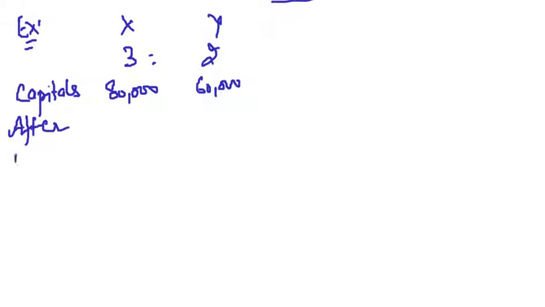All adjustments means the adjustments relating to goodwill, the revaluation of assets and liabilities, and reserves. Right? After all the adjustments, their capitals are 80,000 and 60,000. And they admit Z for 1/5 share.